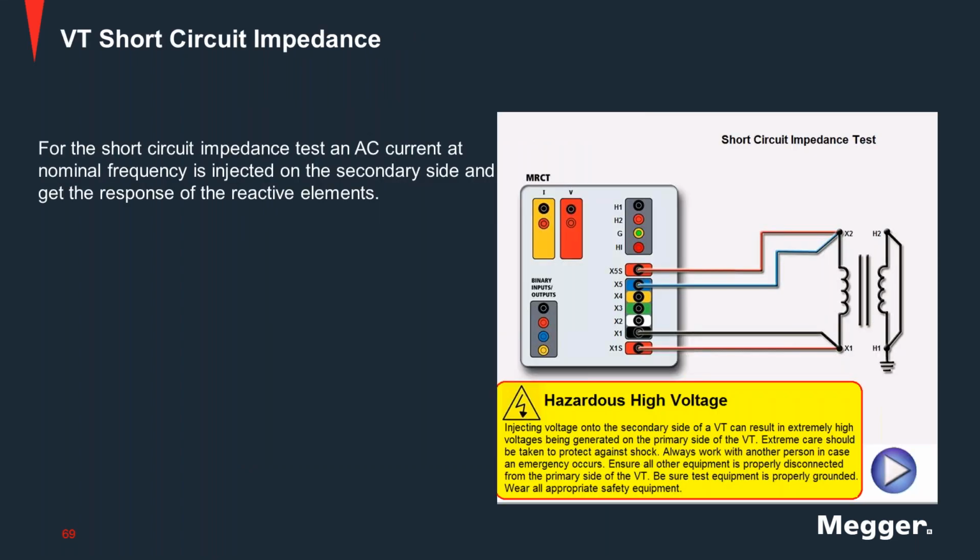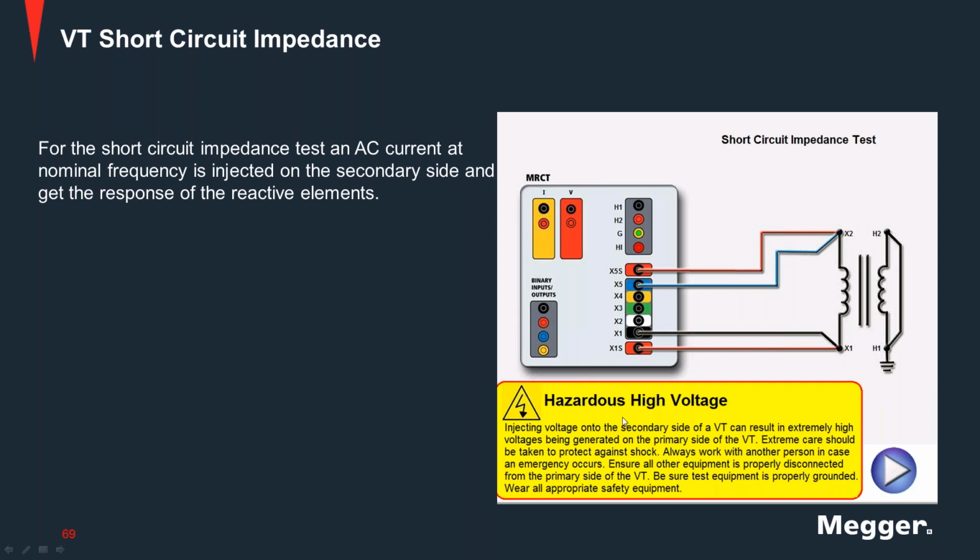We can also do with our MRCT, or the test that we can do with the VT, is the short circuit impedance. For the short circuit impedance test, an AC current at nominal frequency is injected on the secondary side, and we get the response of the reactive element. So again, please watch out.